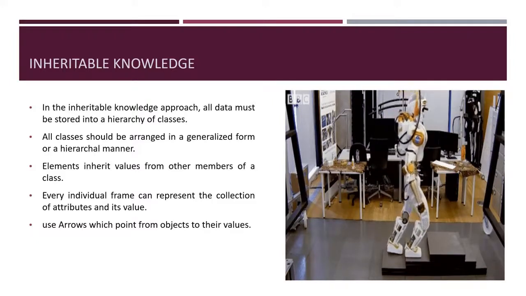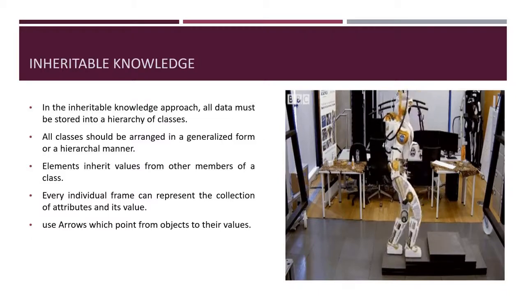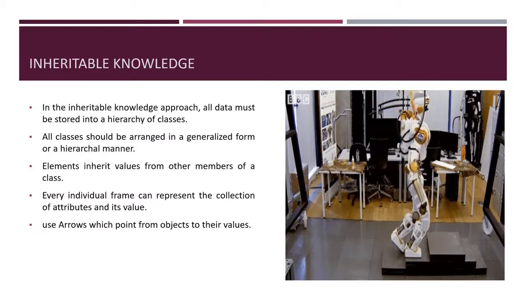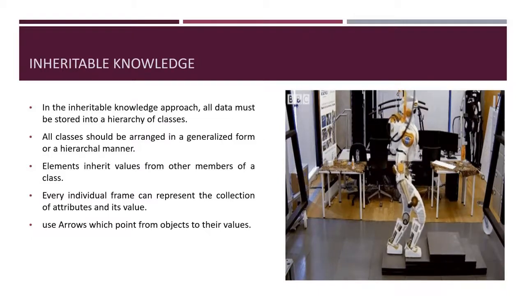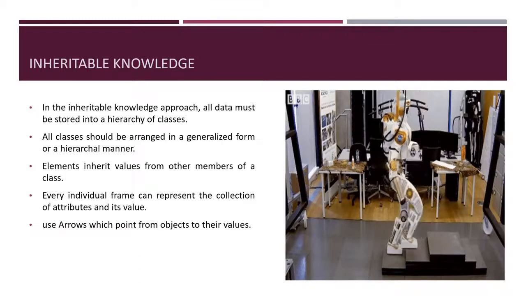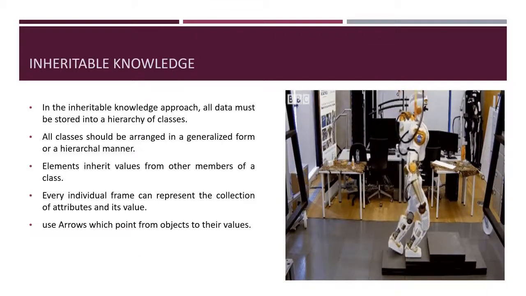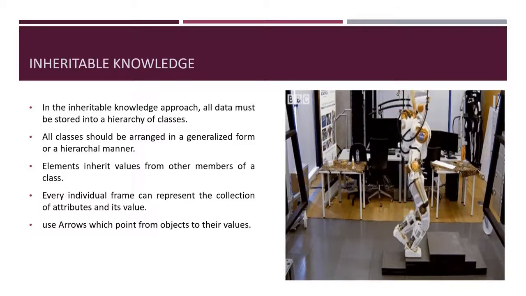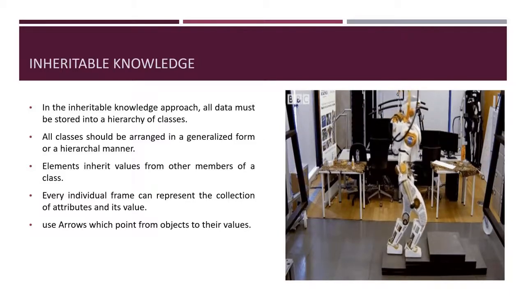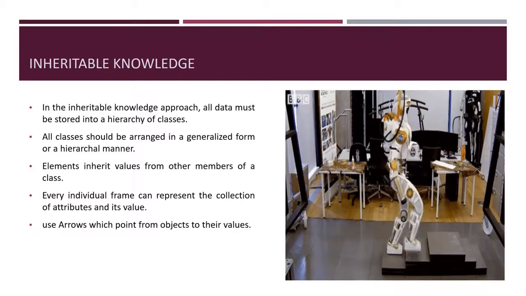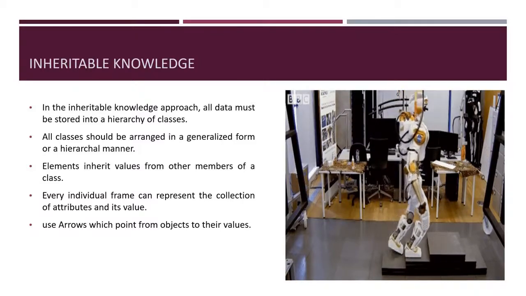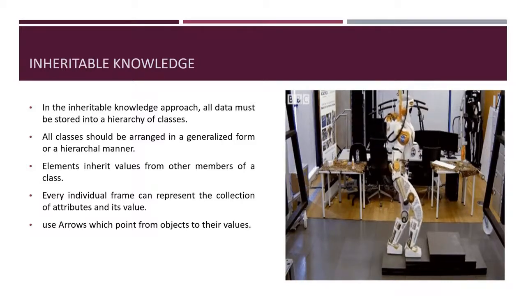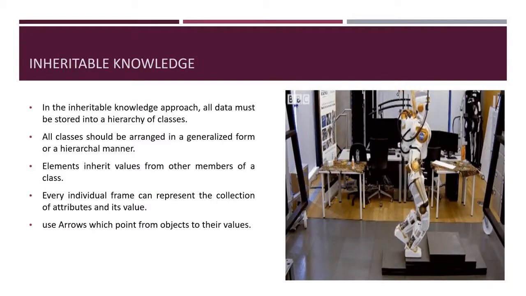This approach shows a relationship between instance and class, called instance relation. Every individual frame can represent a collection of attributes and its values. In this approach, the objects and values are represented in box nodes.